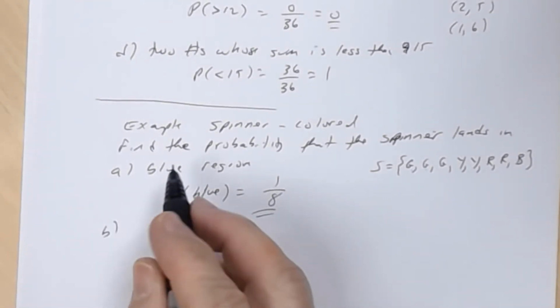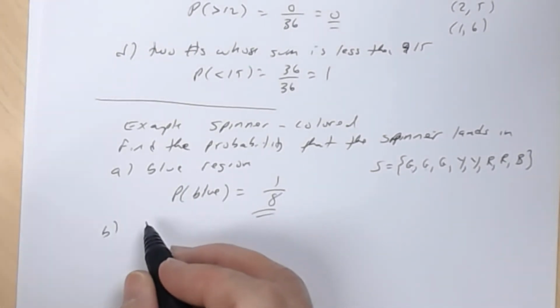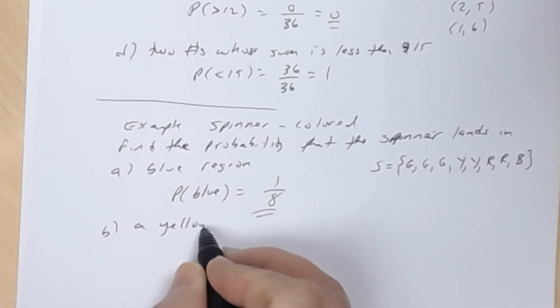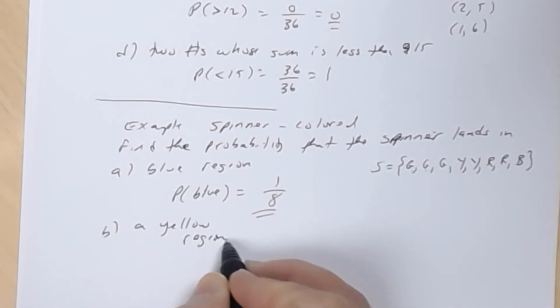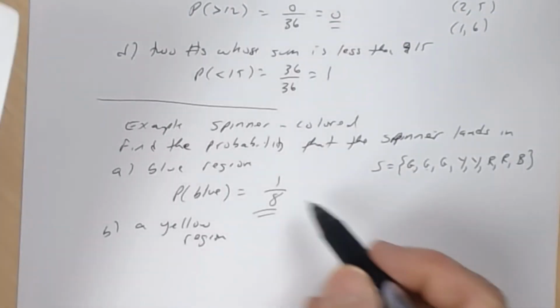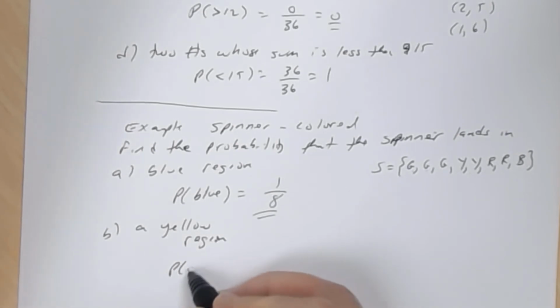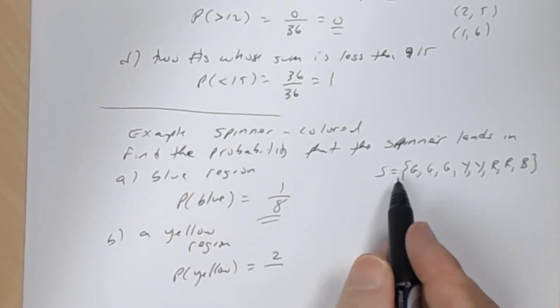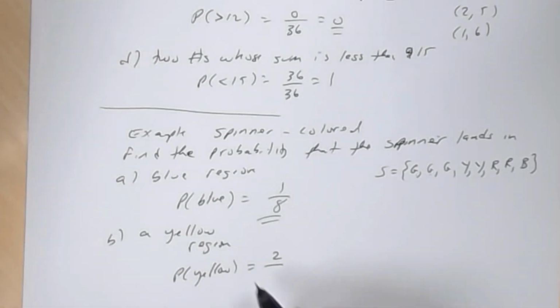B, what's the probability of getting a yellow region? How many yellows do you see? 2. So the probability of yellow equals 2 divided by how many regions altogether? 8.